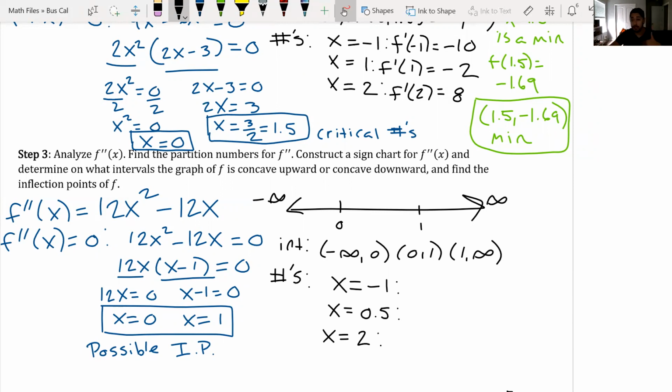This is a sign chart for the second derivative, so plug these in to the second derivative. f double prime of negative 1, f double prime of 0.5, and f double prime of 2.